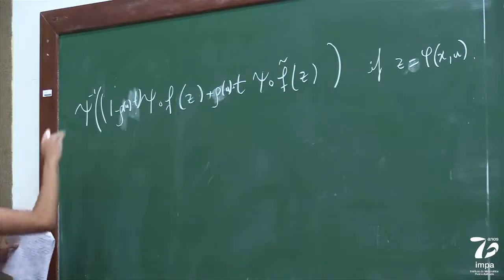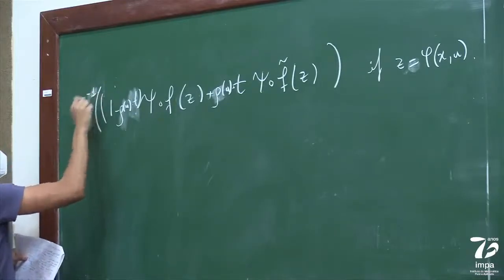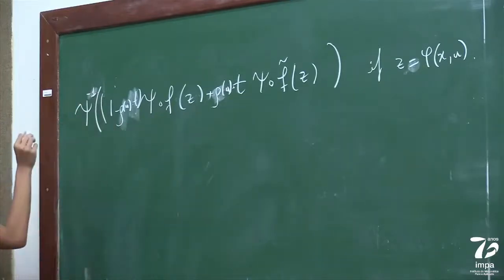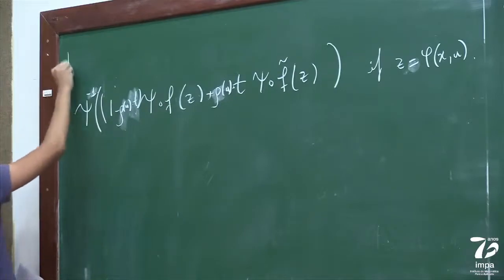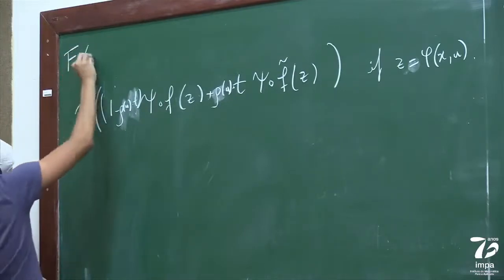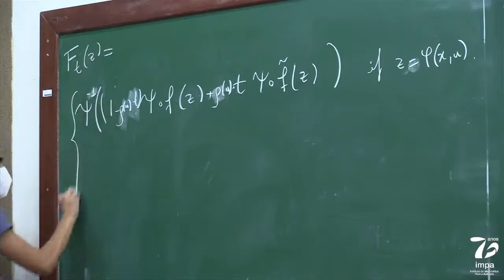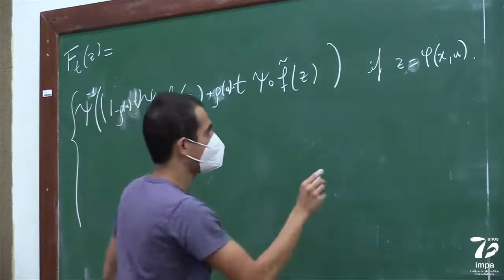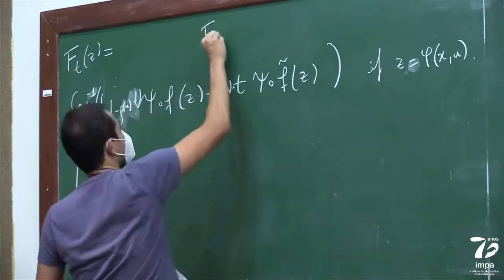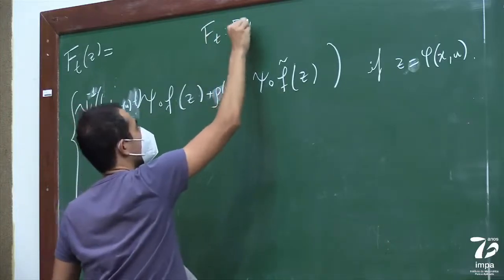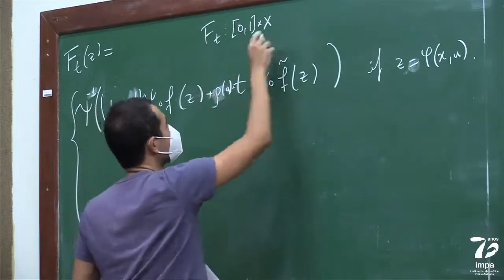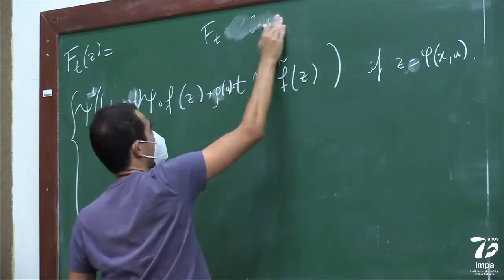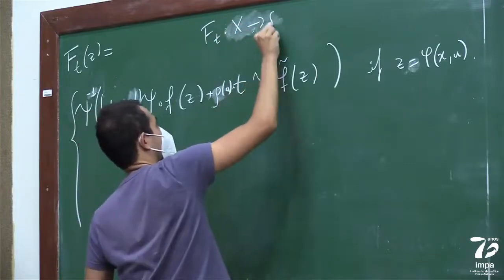So this is a map, this is my ft of z. I'm going to define it to be this guy if I'm inside that cylinder. But ft is just a map from x to Sn.